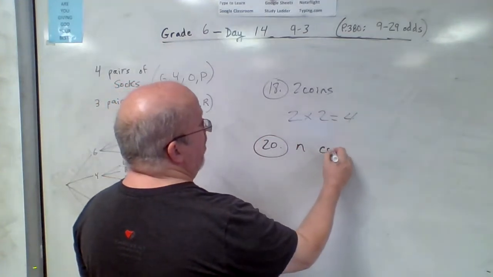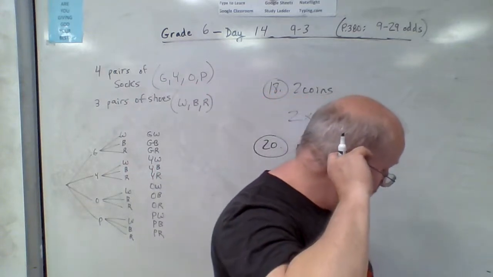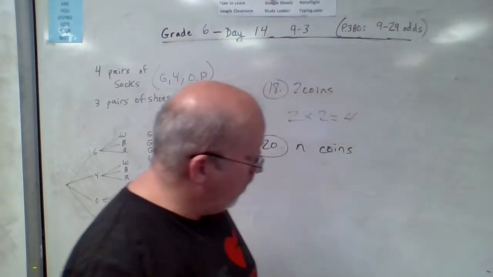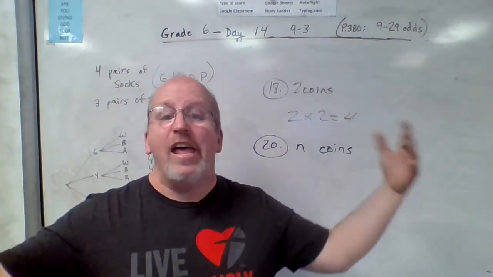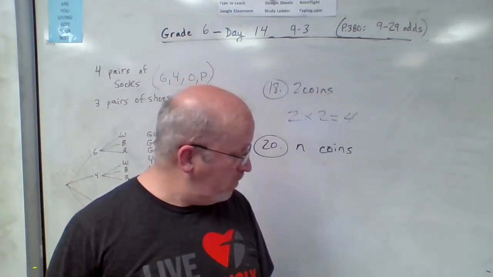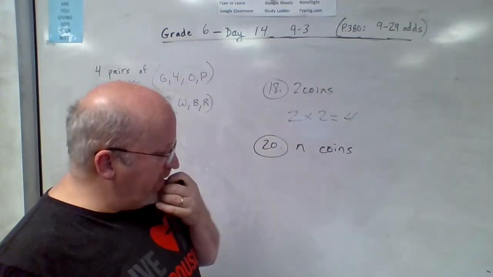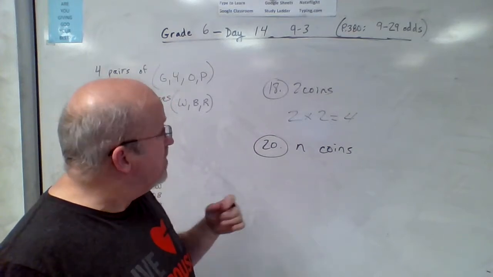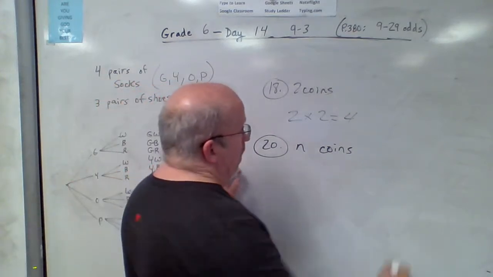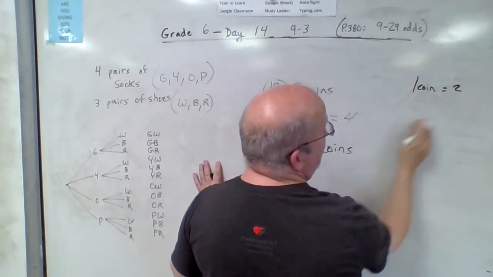Number 20 says n amount of coins. What in the world do they mean by that? N amount of coins. Well, n is a variable representing any possible number. What's happening when we do this kind of work and we're talking about coins that we're tossing? Well, if I talk about 1 coin, that has 2 possibilities, right?